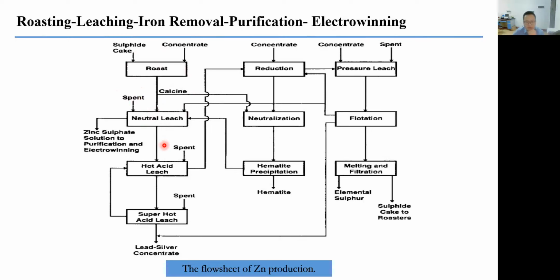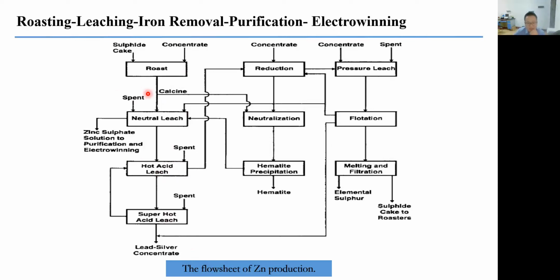And then after the separation, the residues are processed with stronger acidic solutions to improve the leaching efficiency of zinc and other valuable metals from the residues.